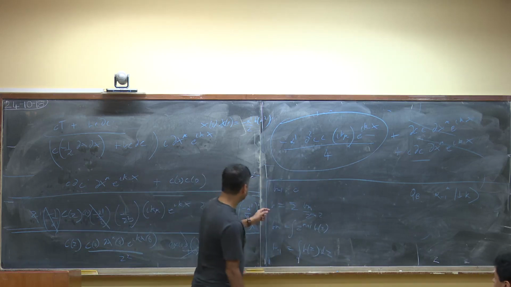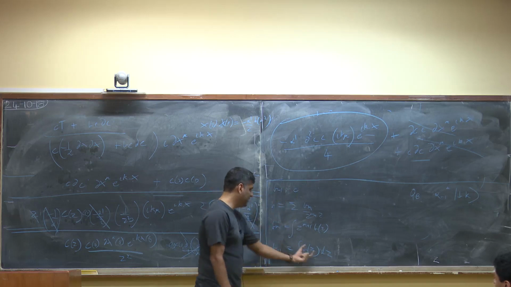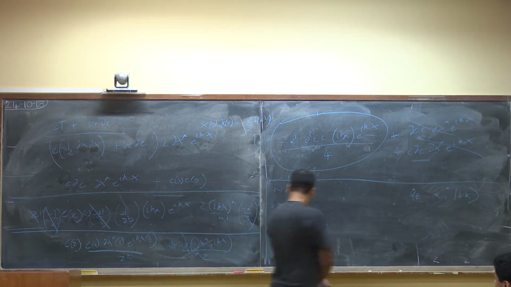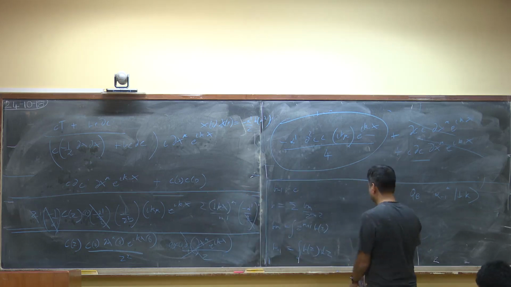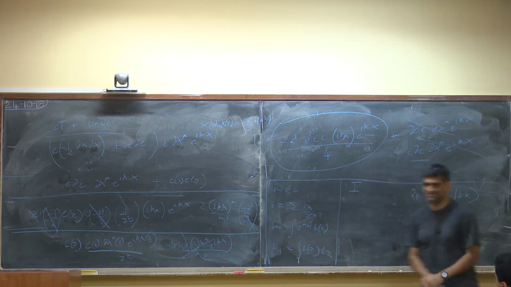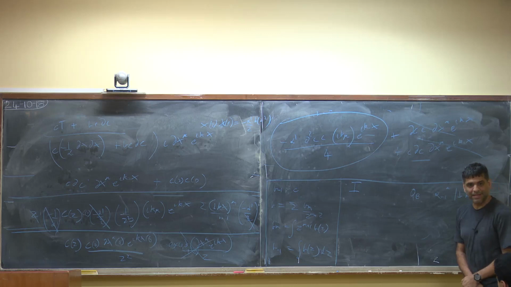If we want to know what B minus 1 does on C, we want the OPE between B and C. That was the state corresponding to the identity operator.